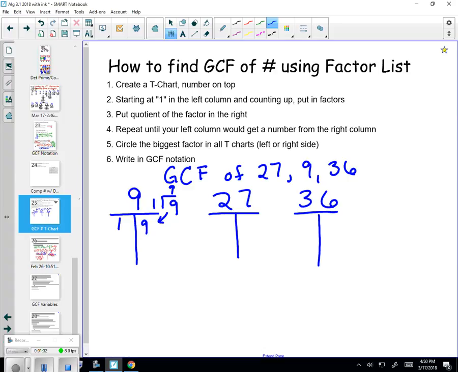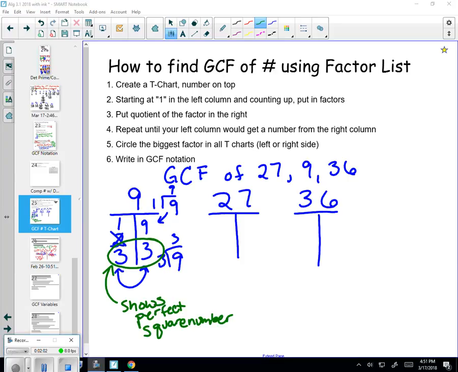I'm going to use my divisibility rules to help me. 2 won't go in because it's not an even number, but 3 will. 9 divided by 3 is 3. 3 goes here. The rules say repeat until the left-hand column and the right-hand column would end up having the same number. Here we have a perfect square. Because I get a double number, this shows a perfect square.